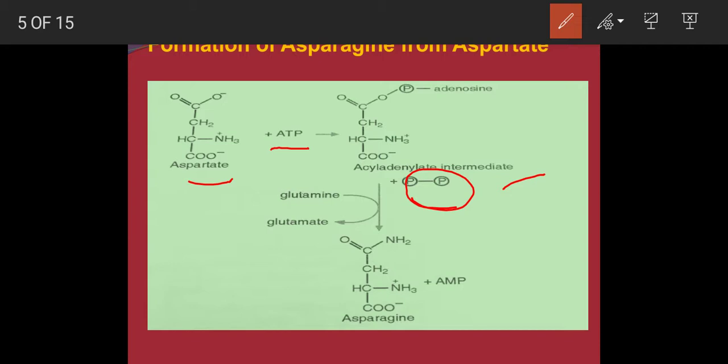This intermediate acyl adenylate is then converted to asparagine by accepting an amino group from glutamine, and thus asparagine is synthesized. The donor of amino group is glutamine and one AMP is released in this reaction.